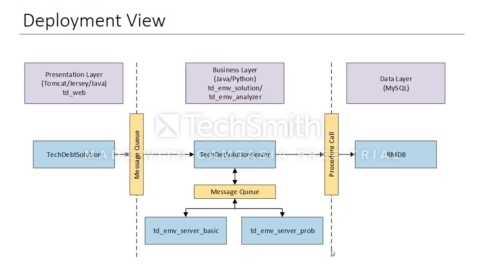It also uses a message queue to talk to 2 Python servers. One handles basic decision tree analysis, and the other one handles probabilistic decision tree analysis and our attempt at a Monte Carlo simulation. The TechDebt solution server uses a procedure call to talk to a MySQL database server, which is ultimately a relational database.